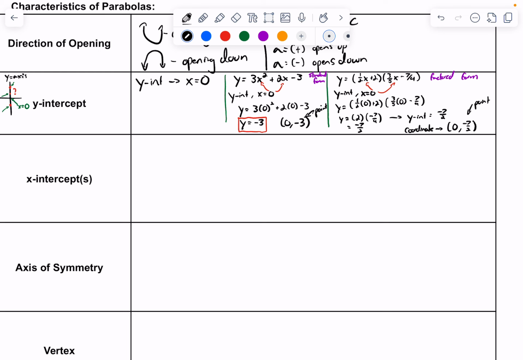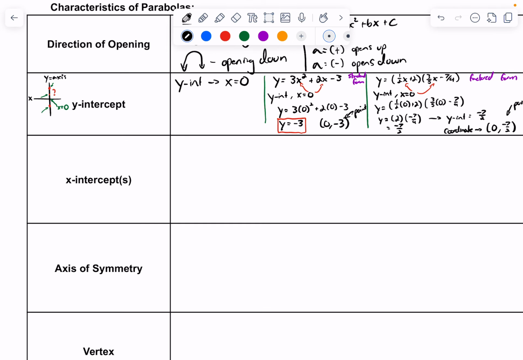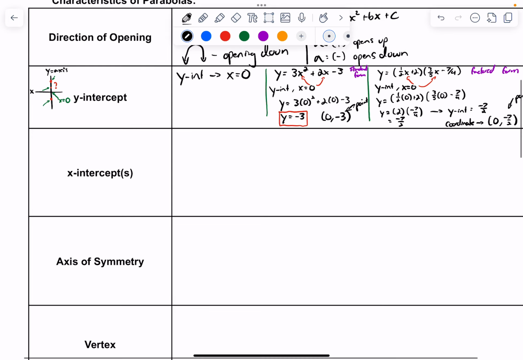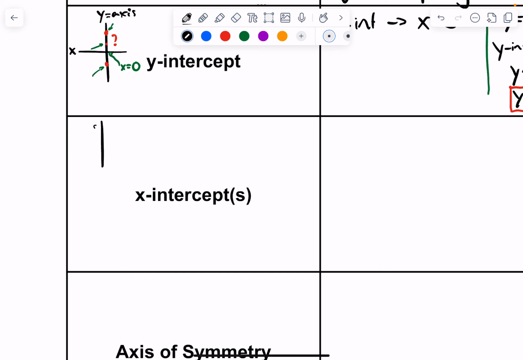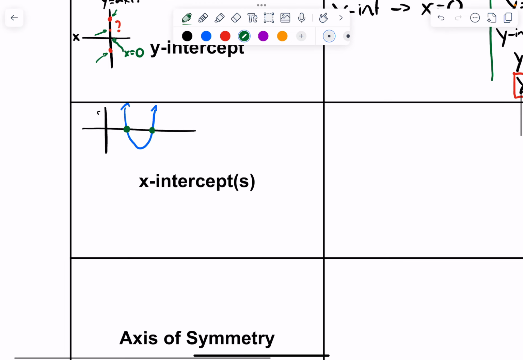Well, the x-intercepts, this has been the focus of pretty much the entirety of what we've been doing so far. The x-intercepts, similar to that graph I just drew above, that's everything we've been doing. That's when the graph hits like this, right? It's these points right here. Or it could be a single intercept, like this, where it just touches the axis.